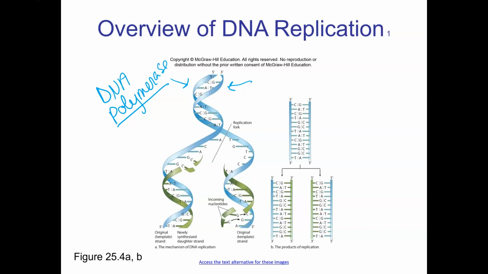They bind to the 3' end, and then they produce new daughter strand DNA, allowing new nucleotides to come in and bind. And so what you end up having is this identical copy of DNA consisting of one parent and one daughter strand.